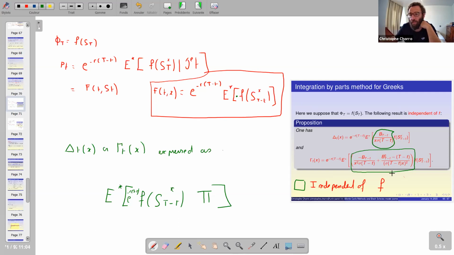So it means that if you do this for a call option, for a digital option or something like this, you will use exactly the same methodology. Okay.